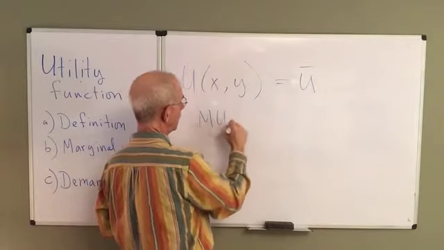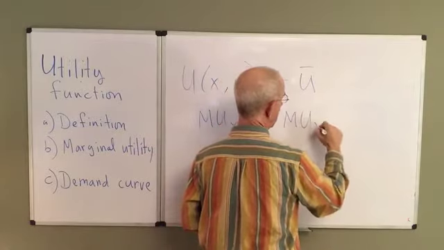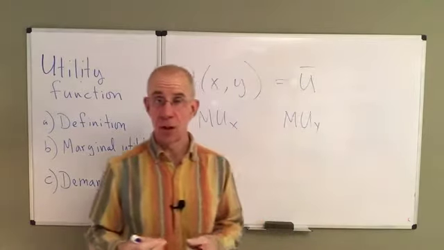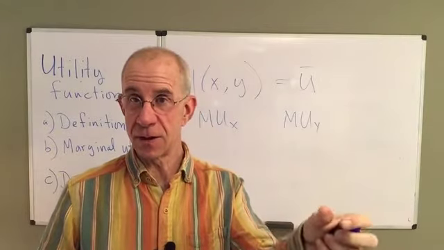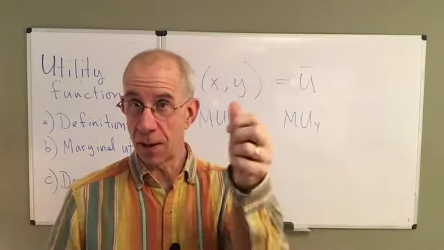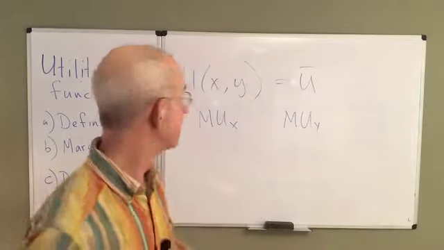One, we can think about how my utility changes when I change my consumption of good X or good Y by only one unit. In other words, the marginal utility.